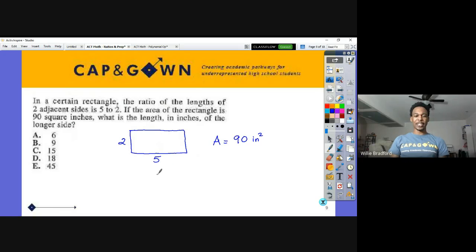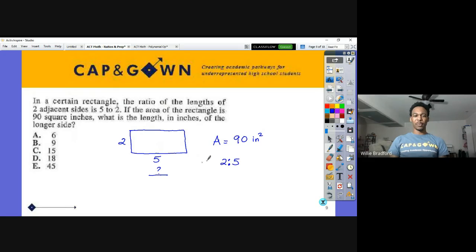So I need this side. I need to know what this is. I don't know what that is. I'm going to set up a little bit different proportion. Now, just so you know, we can use answer choices to help us, but I'm going to do it the long route just to show you the proportions or the ratios. So my ratios are 2 to 5.